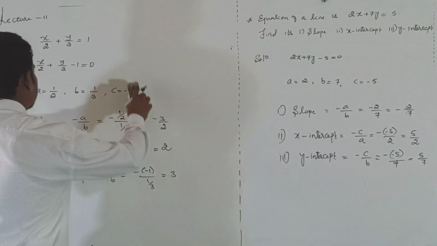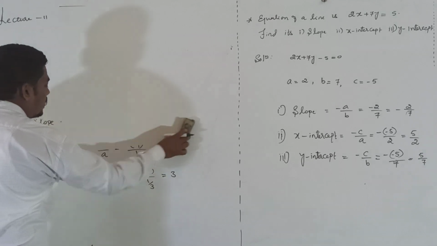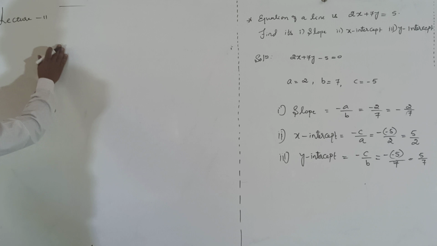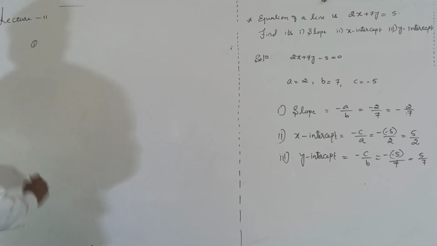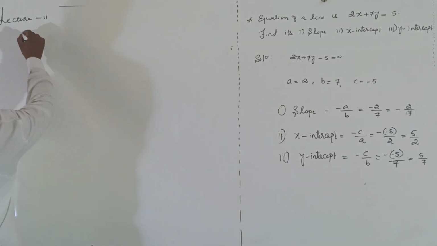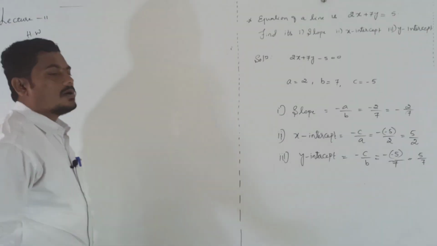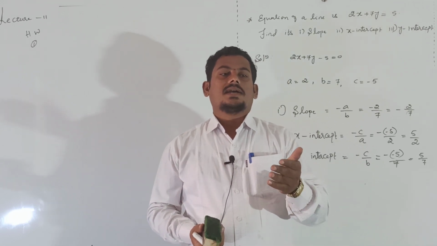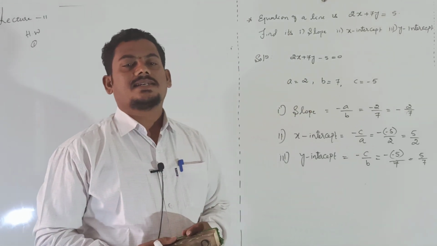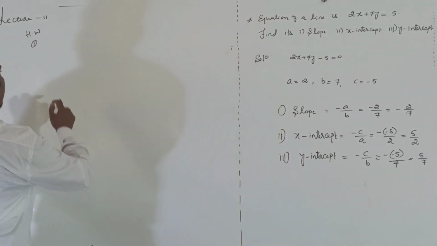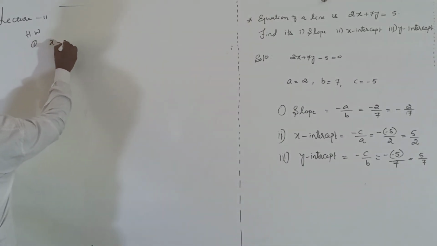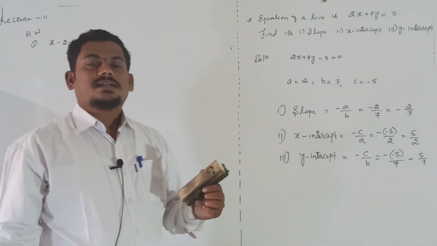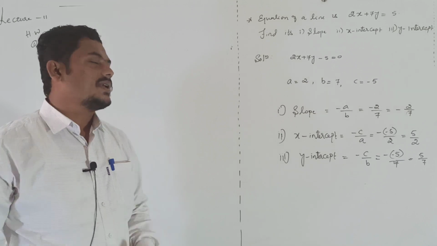Next, take some homework problems. Question is, take homework, in that the first one: if the equation of a line is x minus 2y equal to 4, find its slope, x-intercept and y-intercept.